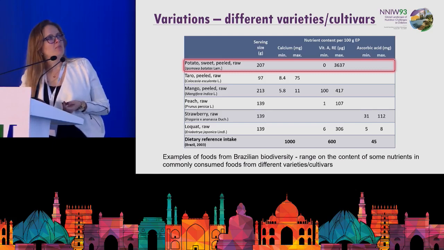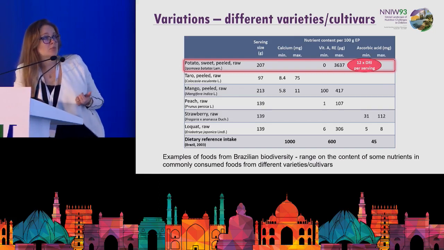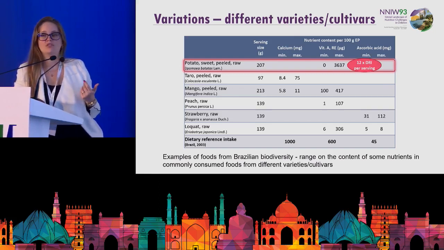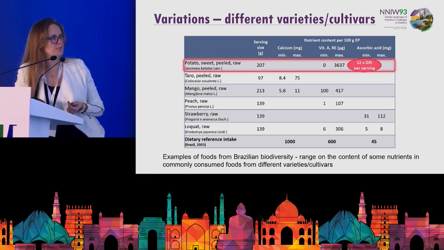What does it mean? It means that if one person consumes 1 serving size of sweet potato, she will consume from 0 micrograms of vitamin A until 12-fold the recommended intake in only 1 serving.